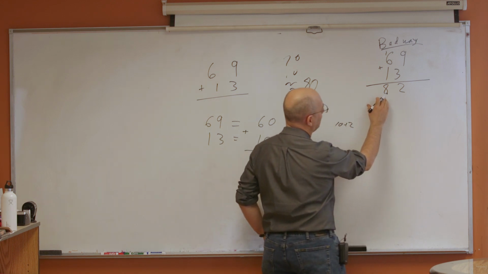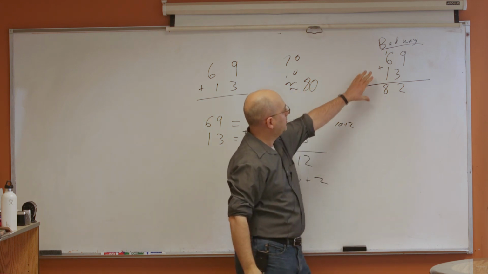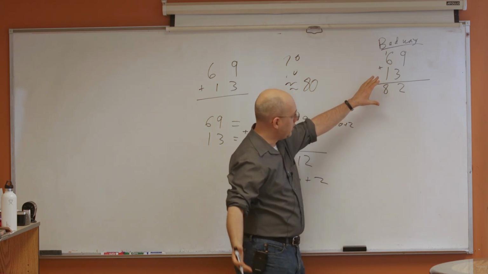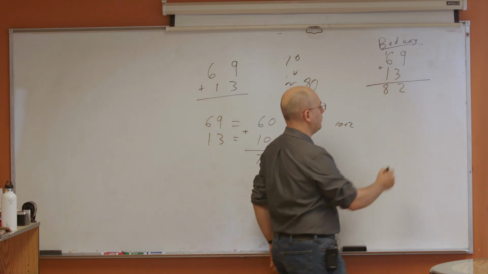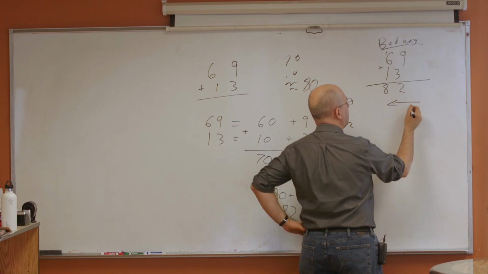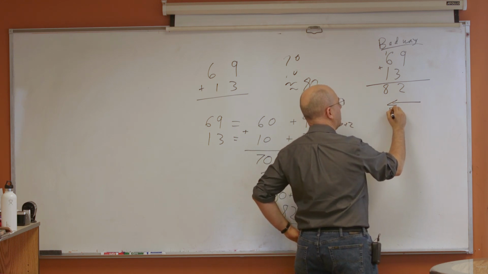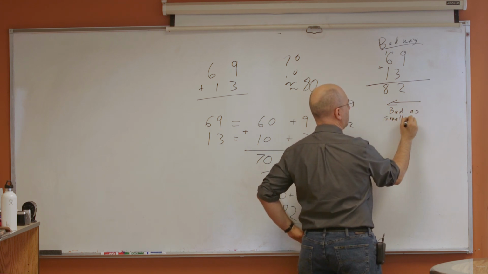You know, the 8 here is much more significant than the 2. And so, just as we read from left to right, we want to do the math from left to right. So going in this direction was kind of bad, as small details come first.